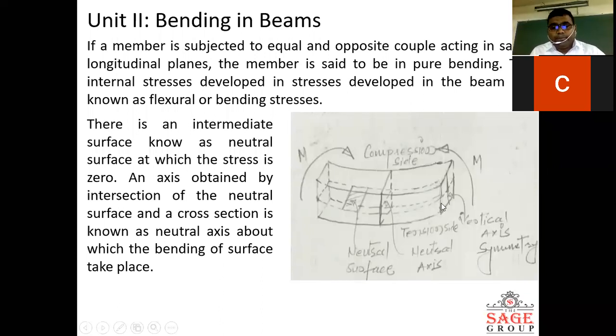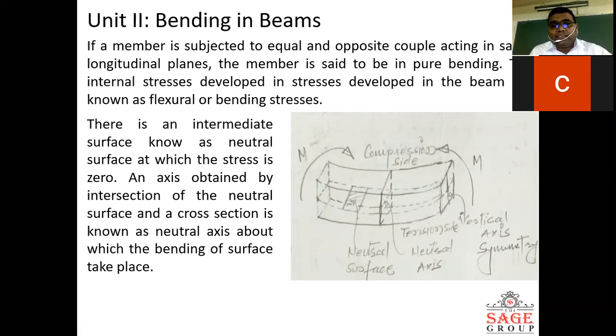This is a beam. You apply two bending moments, equal and in opposite directions, one clockwise and one anti-clockwise. This is called equal and opposite couples in the same longitudinal plane. When this bending is developed in the beam, it is called pure bending.